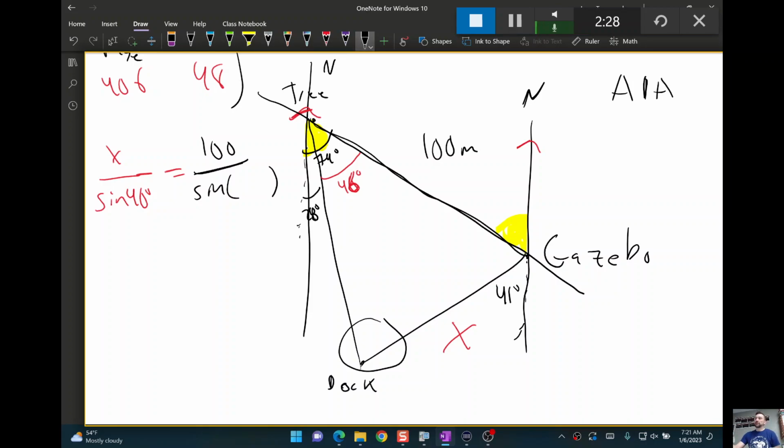The nice thing about them being parallel is that if this is 74, that should be 74 as well. So that allows me to say, all right, well, these 3 make up half of a circle.